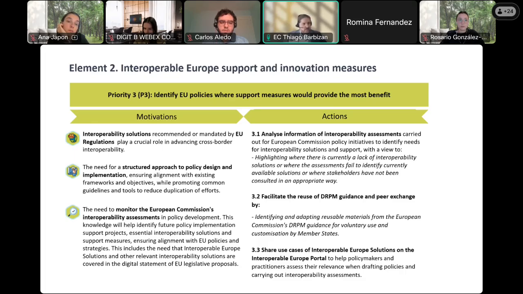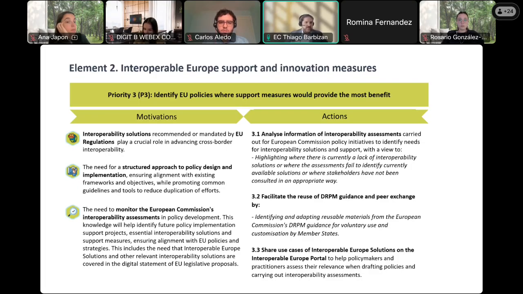We will also be looking into facilitating the reuse of digital-ready policy-making guidance and peer exchange, and sharing use cases of Interoperable Europe solutions via the portal to help policymakers and practitioners assess their relevance when drafting policies and carrying out their own interoperability assessments.